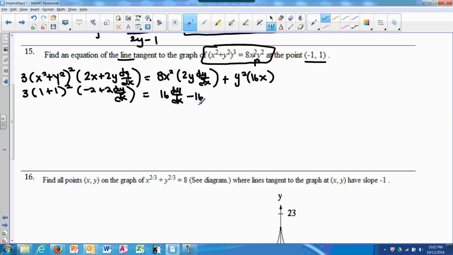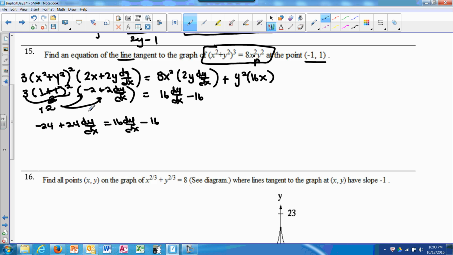Again, we cannot combine these terms. They're not matching terms. Over here on the left-hand side, 1 plus 1 becomes 2. 2 squared is 4. 4 times 3 is 12. So we're really distributing 12 across this sum. So we have negative 24 plus 24 dy/dx equals 16 dy/dx minus 16.